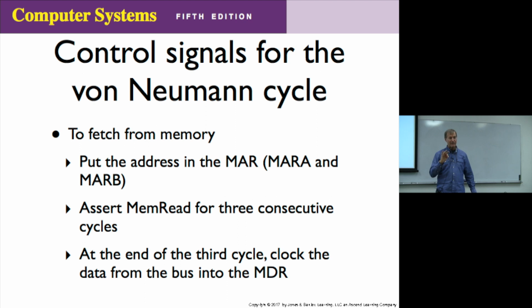And then you have to have the memory read line asserted for 3 consecutive cycles. That gives enough time for the data to be put on the system bus. And after that, on the 3rd cycle, you can clock the information into the memory data register. Are you with me?